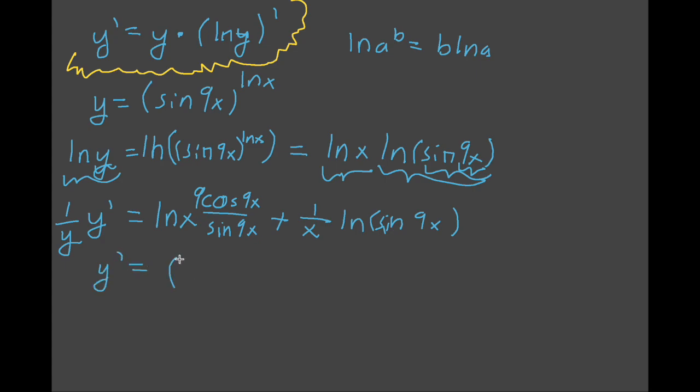It's going to be this whole thing, I'll go ahead and write it out, times y. Now while I'm writing this, take a look and try to see how this works with the formula that I stated above, and where you think you see the similarities.